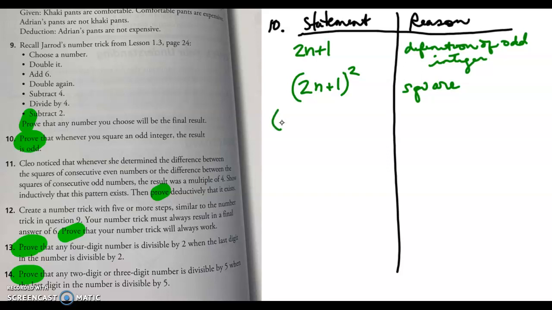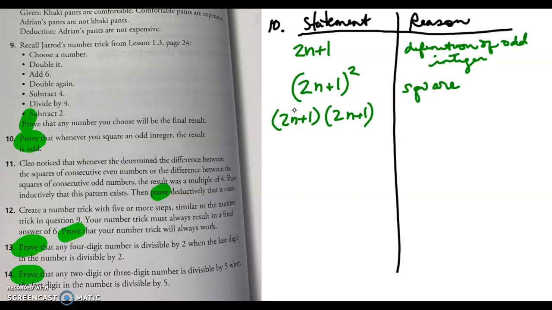Now let's do the work. So we have 2n plus 1 multiplied by 2n plus 1. I'm hoping you remember how to FOIL that. FOIL standing for multiplying the firsts, multiplying the outside numbers in the binomials, multiplying the inside numbers, and then the last numbers.